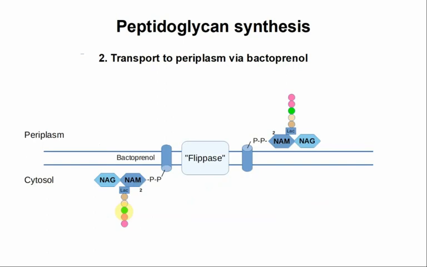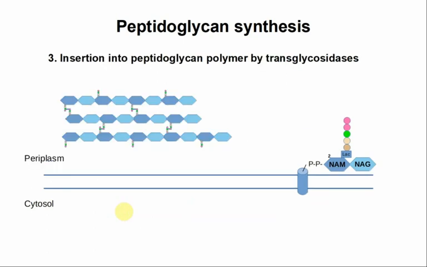Okay, last 2 steps. The first is transglycosidation. So transglycosidases are going to attach this NAM-NAG dimer to one of the free ends of the NAG-NAM polymer.